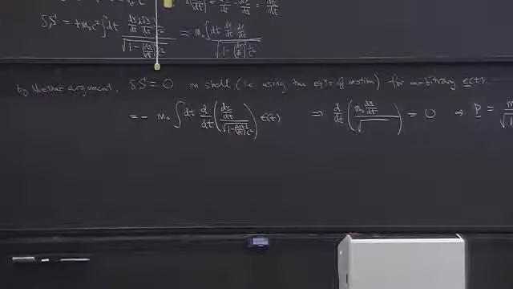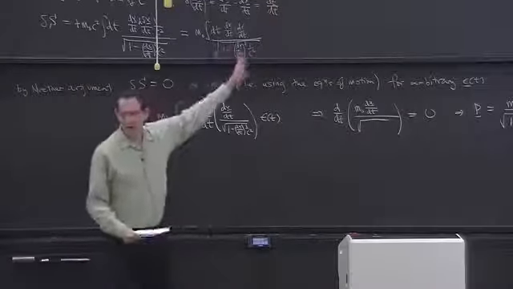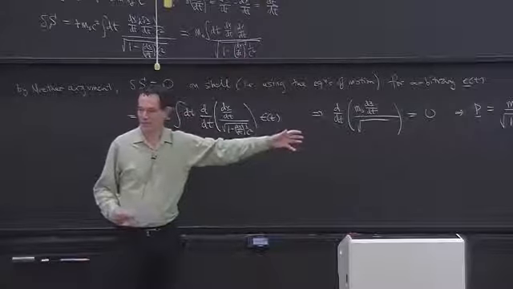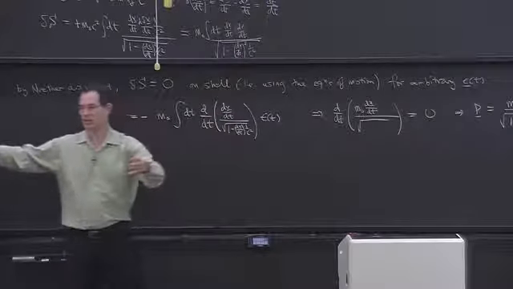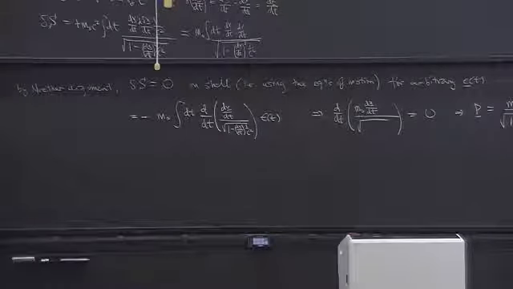Okay? Now, it's a little bit trivial. For a free particle, dx/dt is a constant anyway. It's going in a straight line. Okay, so everything's constant. But the point of this derivation is that when I couple this particle to other things, such that the whole combination is translation invariant, okay? And then I try to derive the total momentum of everything, right? This will be the contribution of the particle.